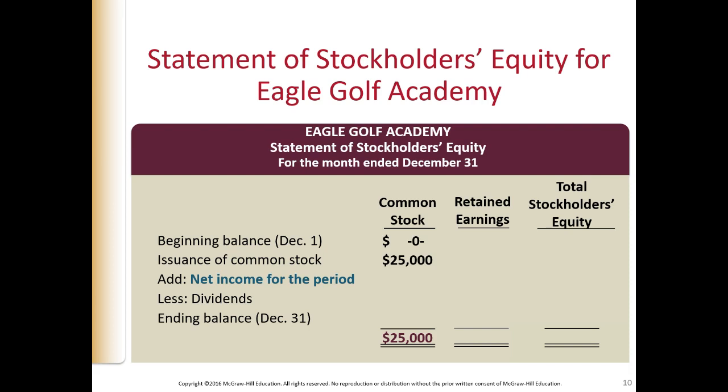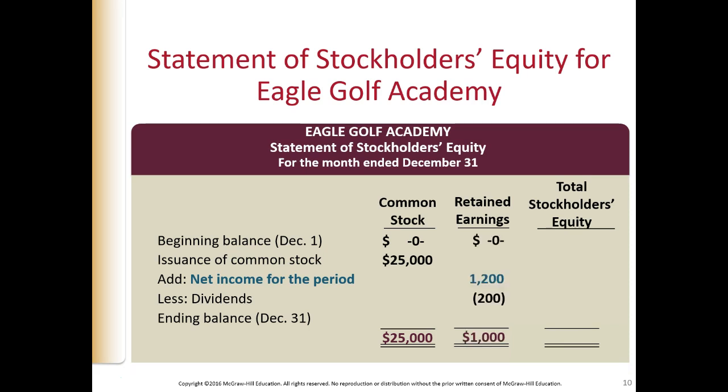For example, the first period where the company first starts, we don't have any common stock outstanding. Nothing's been sold. But then we issued common stock. We, the corporation, issued common stock to the new owners, and therefore the ending balance in common stock in this case is $25,000. Retained earnings, this is an account that represents all the past profit and losses netted together over the prior years, less any dividends paid.